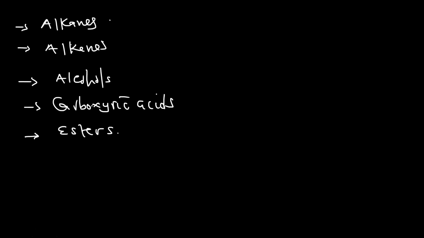Now, just to give their general formula at this point. We said families or members from the same family conform to the same general molecular formula. What is the molecular formula of alkanes? For alkanes, it is CnH2n+2.